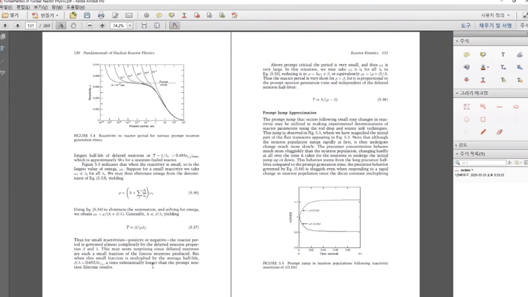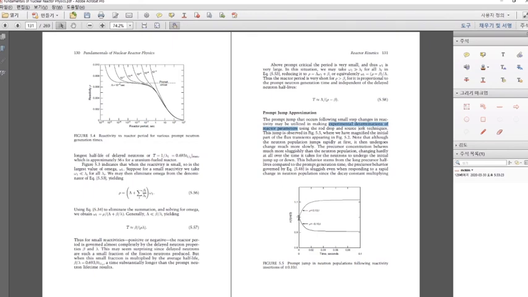So where do we use this prompt jump, or the equation for prompt jump magnitude? If we do not know how effective control rods are, so-called the worth of control rods, then we are able to experimentally determine the worth or effectiveness of control rods.